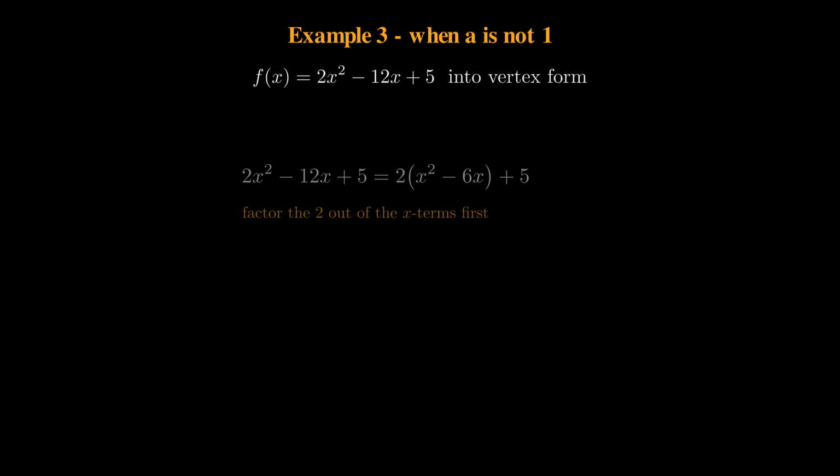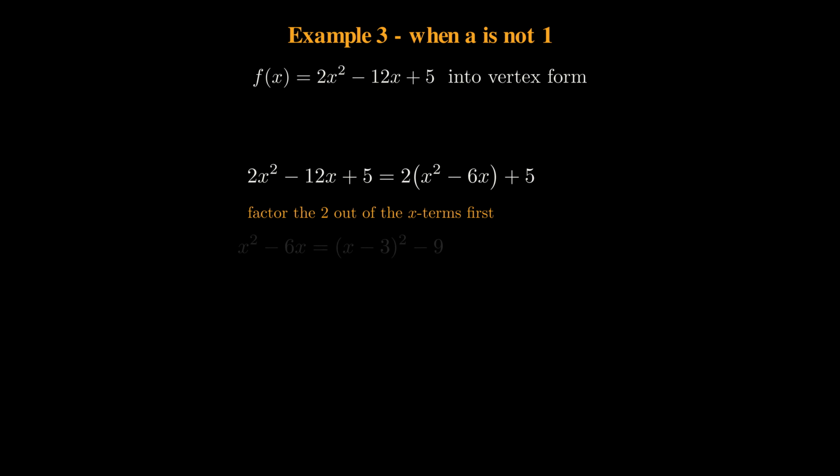Take a 2 out of 2x squared minus 12x to get 2, bracket, x squared minus 6x, close bracket, plus 5. Leave the plus 5 outside. The 2 does not touch it. Inside the bracket, complete the square as normal. x squared minus 6x is (x minus 3) squared minus 9.